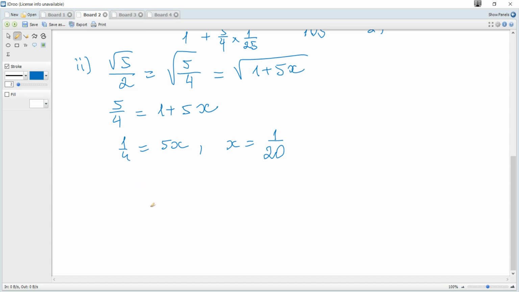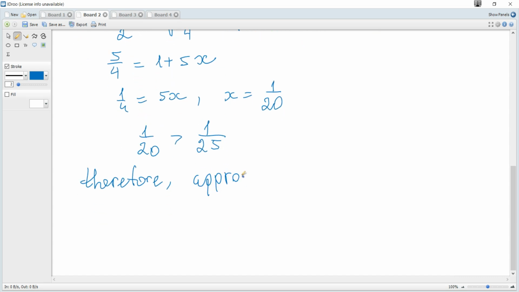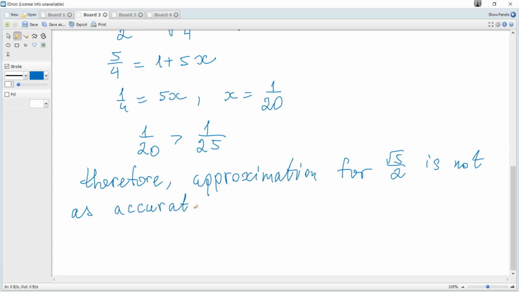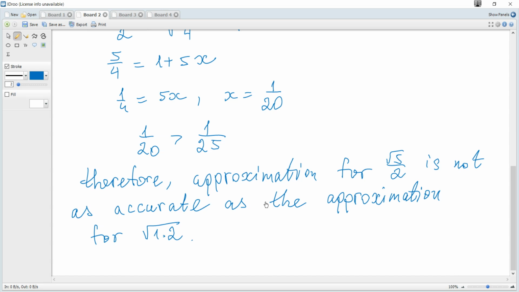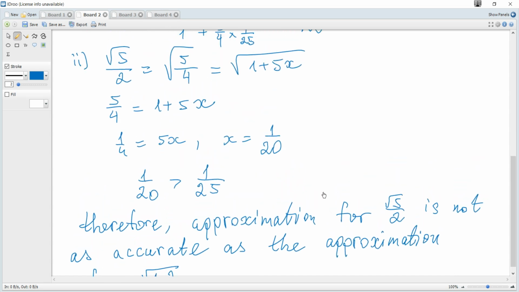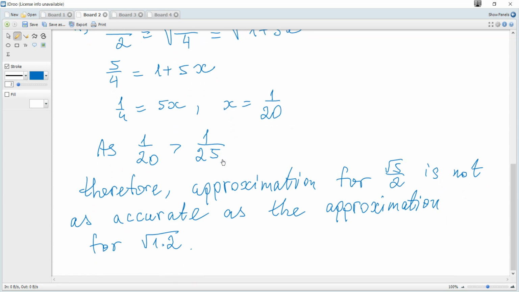So we can say that as 1 over 20 is greater than 1 over 25, therefore the approximation for root of 5 over 2 is not as accurate as the approximation for square root of 1.2. And that's all for this question.